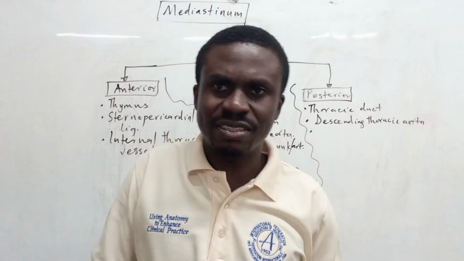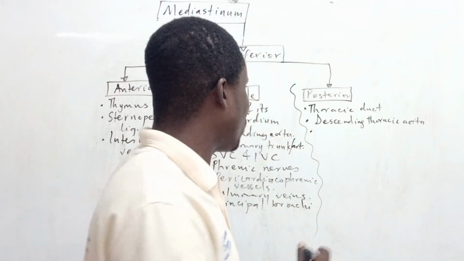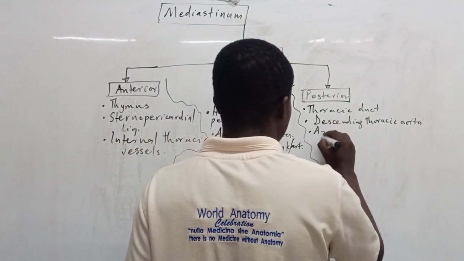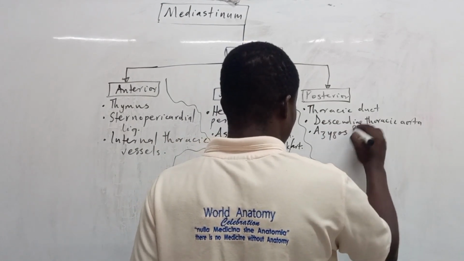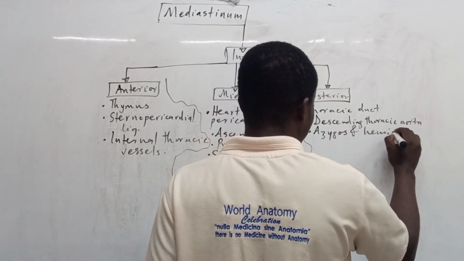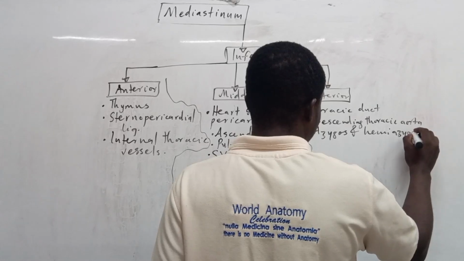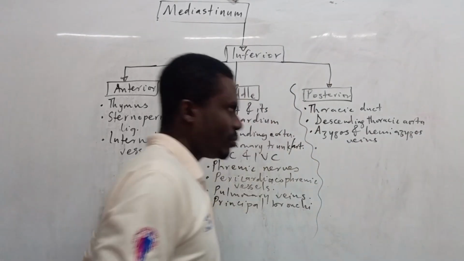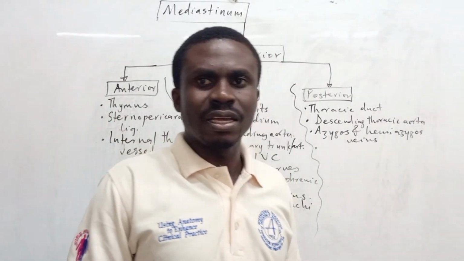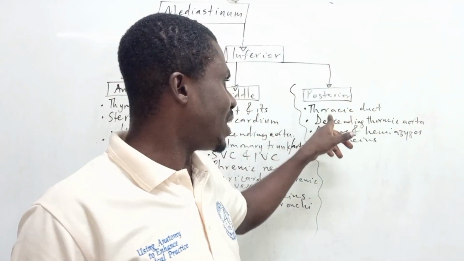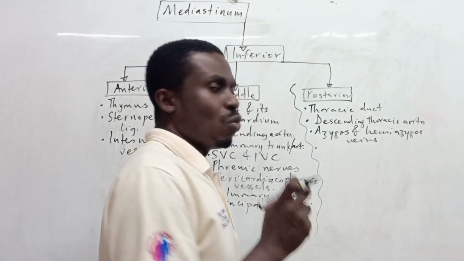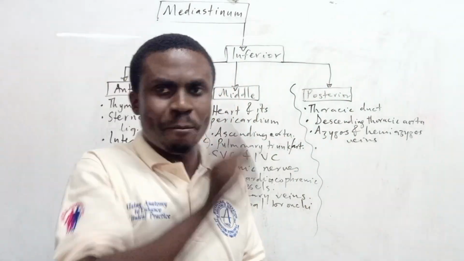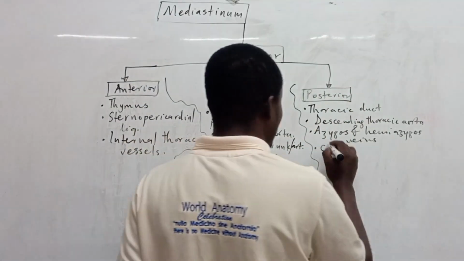Then mainly the azygos vein, so azygos, also hemiazygos veins will also be in there. I've mentioned the thoracic duct already. And then also the esophagus, as I told you, running backwards over there.